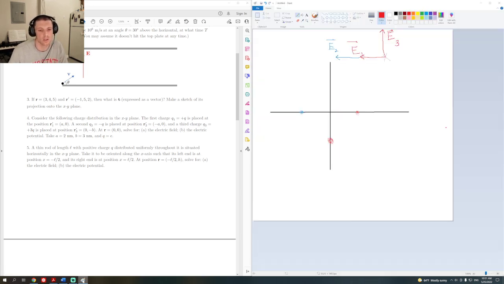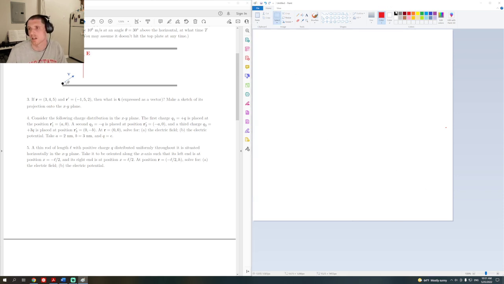But for this one, this is going to be a good one to make a sketch for. It's going to be a little rough, but let's try to get something down. Okay, so I want to draw this rod, which maybe looks like this, and it has positive charge. Then I want to calculate the electric field at this point P right here, maybe.